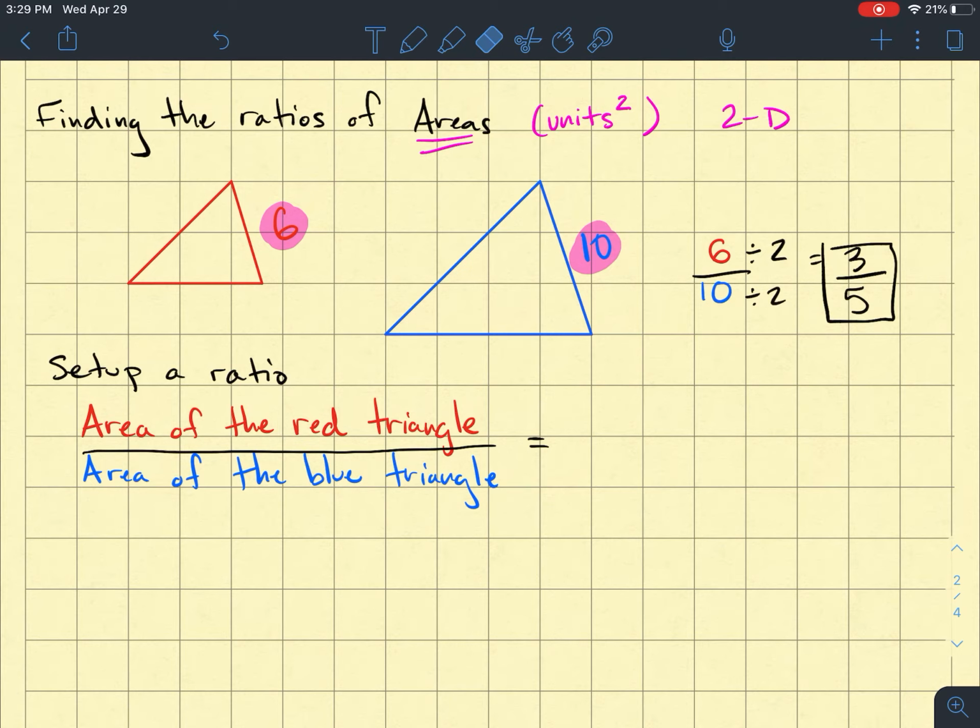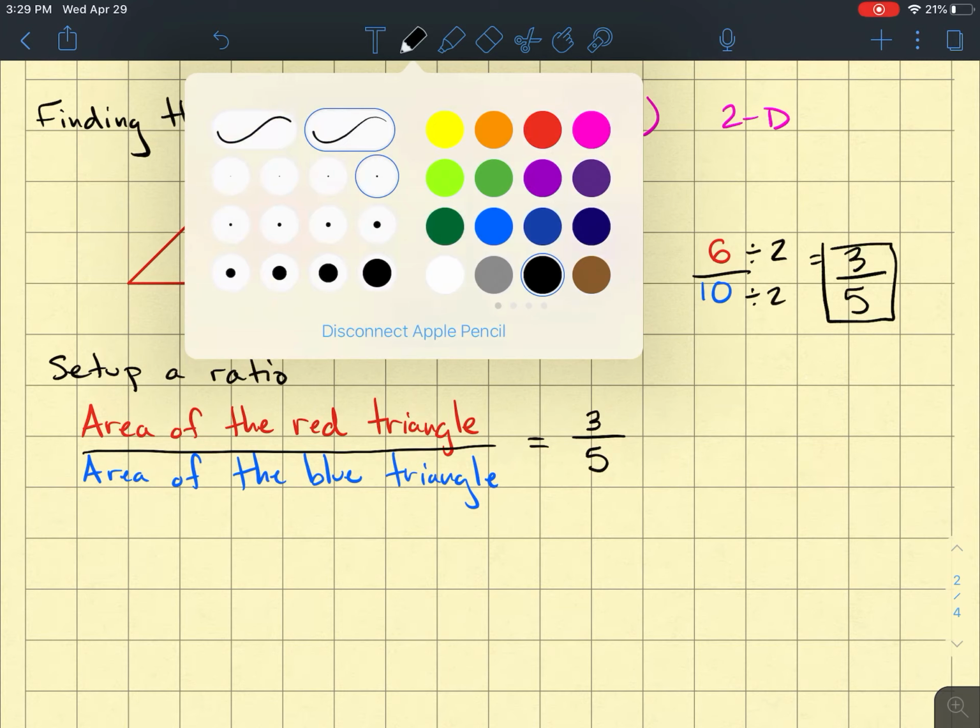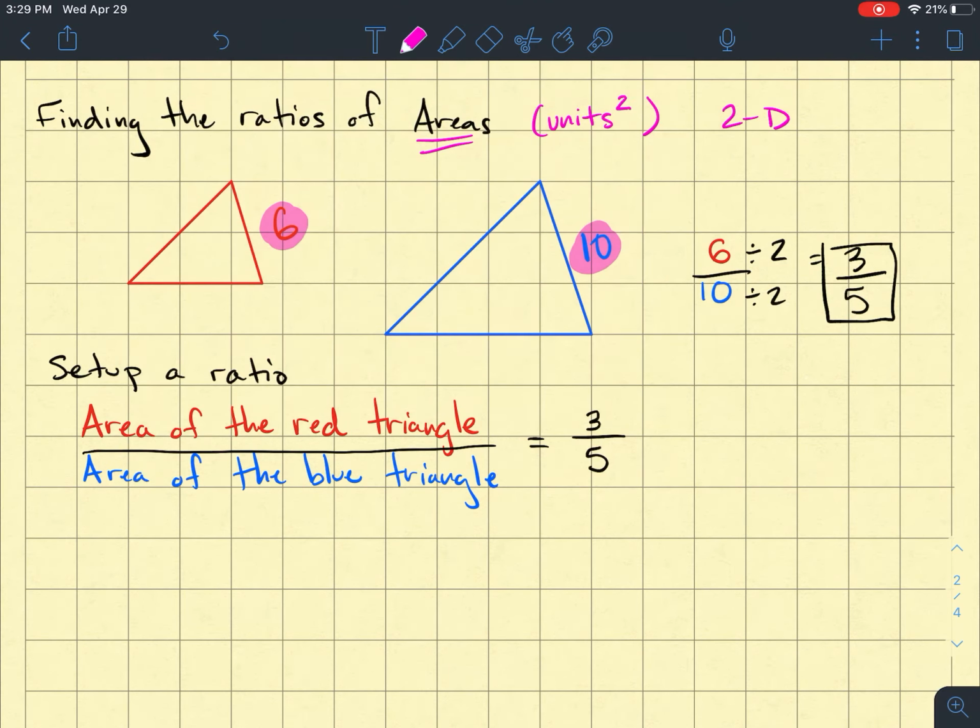Now, when I want to find the area, I'm going to have to do something to that 3 over 5. So I'm going to write in my 3 over 5 that I got from there. And now here's the one twist: because we want to find the ratio of their areas, we need to do something with these numbers. What do you think we have to do to them?